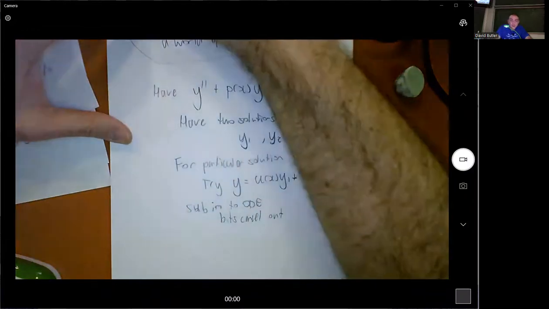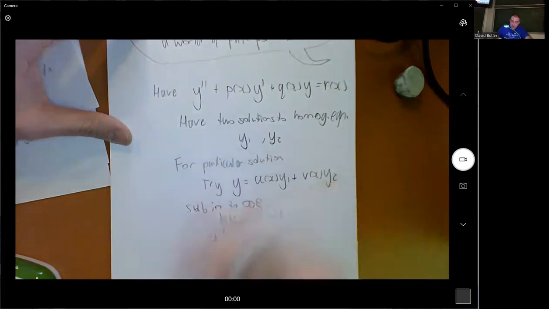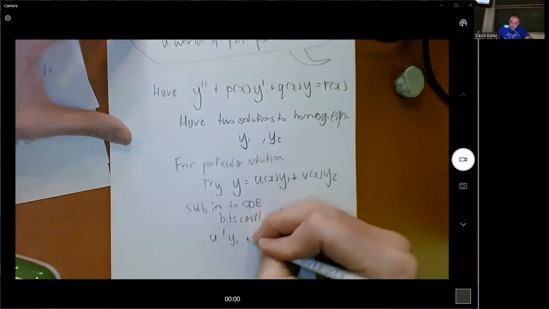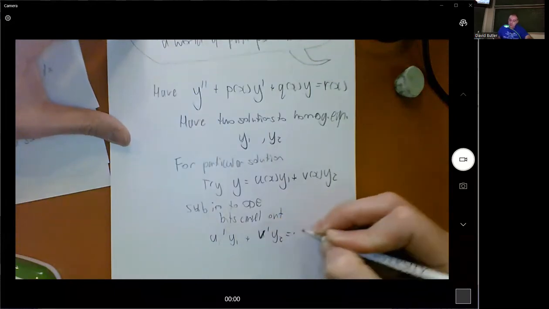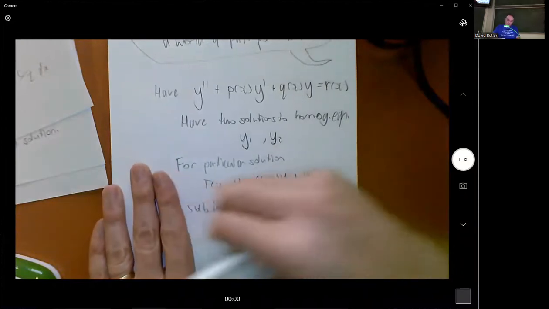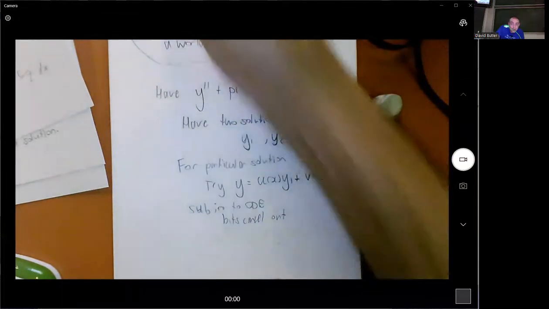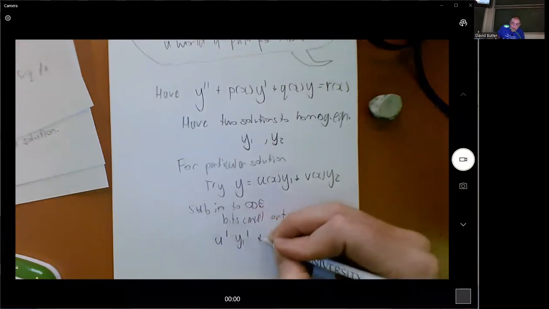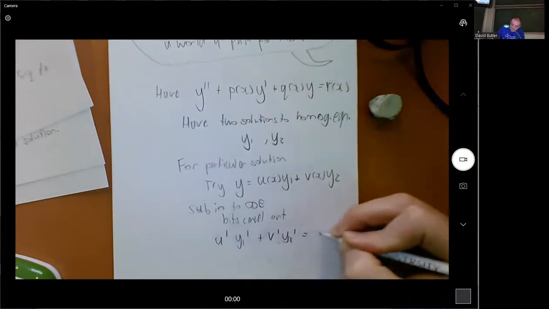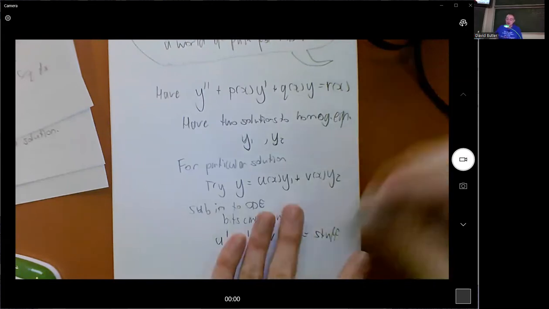You end up with, so the assumption is u dashed times y1 plus v dashed times y2 is 0. So we don't get that. We end up with u dashed y1 dashed plus v dashed y2 dashed equals stuff. I can't remember what the stuff is. I believe it's R of x.